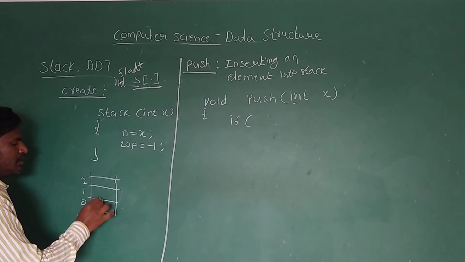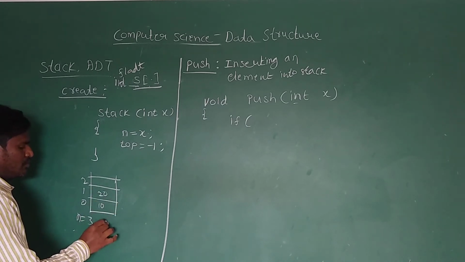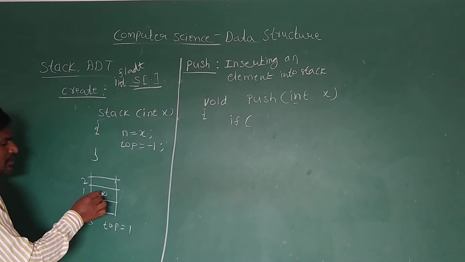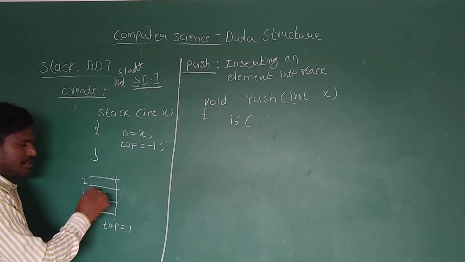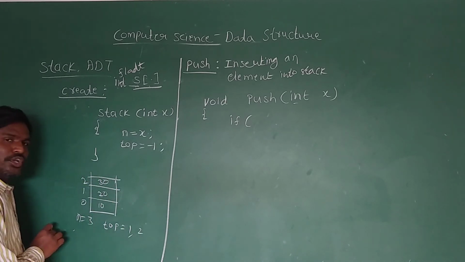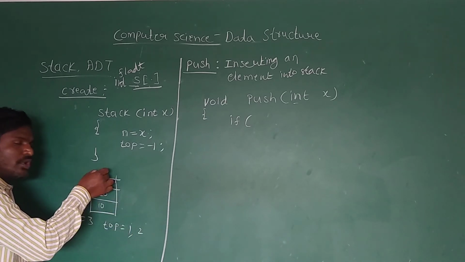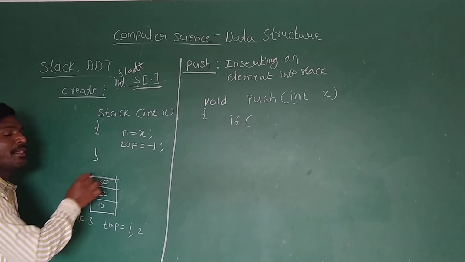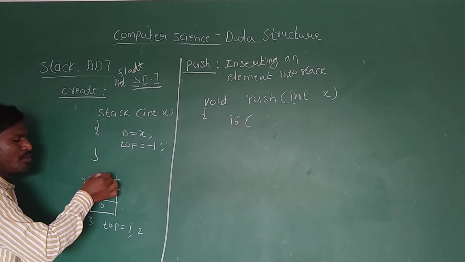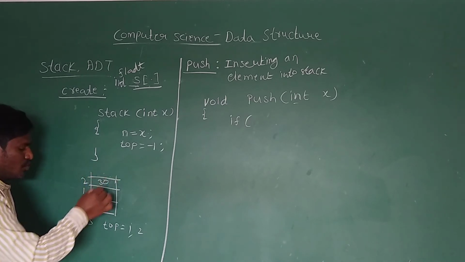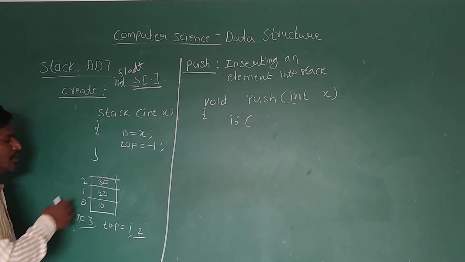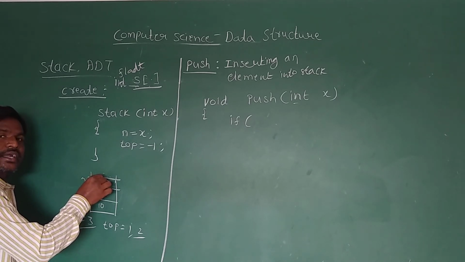For example, there are some elements, so the top value is presently 1 because the topmost element is at that location. Again, another element is there. Now the top value is 2. Can you insert any more elements here? No, because the stack is full. There is no empty space. So n is equal to 3, top value is 2, then you can say that the stack is full.